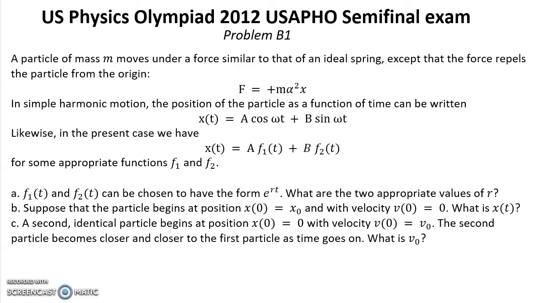What is x as a function of t? Question C. A second identical particle begins at position x at time 0 equal to 0 with velocity v at time 0 equal to v0. The second particle becomes closer and closer to the first particle as time goes on. What is v0?